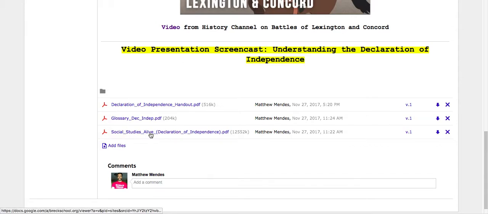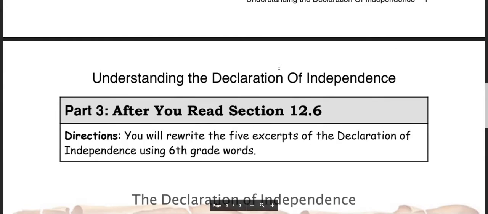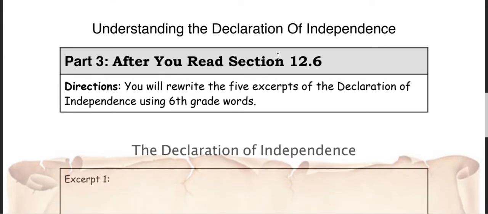Now, the reading is down here, Social Studies Alive. And before we get into the reading, this is what you're doing. Understanding the Declaration of Independence. After you read the section, and we're actually going to do it while you read, you will rewrite the 5 excerpts of the Declaration of Independence using sixth grade words.